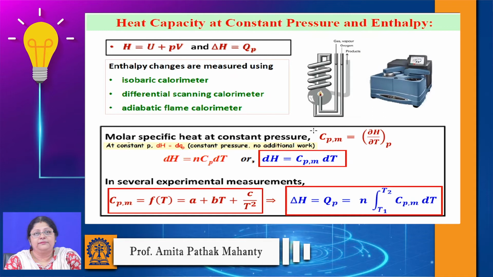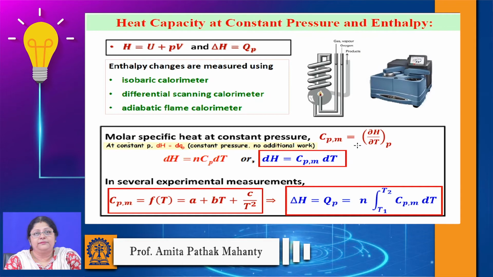So if you have that understanding, since Cp is defined as the enthalpy change, the heat Q at constant pressure by temperature, this can be replaced by delta H. Delta H by delta T at constant pressure is the measure of Cp.